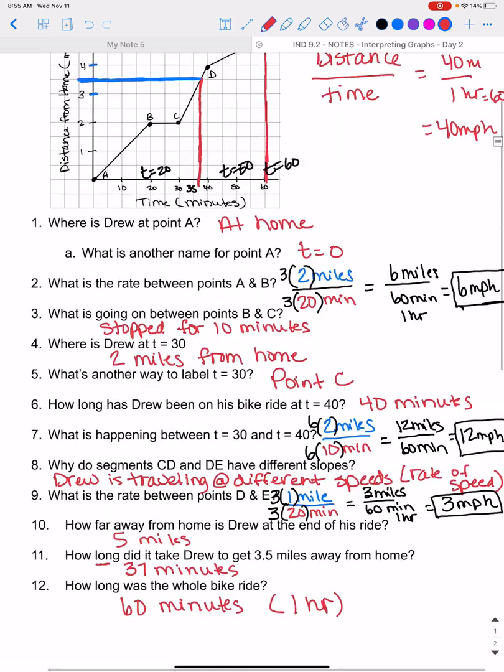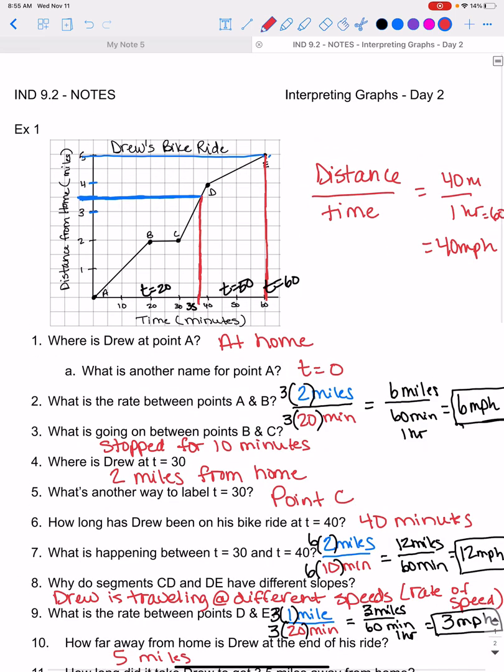But here, because this is distance, no distance was traveled, so a flat spot equals stopping when you're talking distance. So don't just assume that since you see a flat spot it's stopped or that it's maintaining speed. It depends on your graph and what everything is labeled.